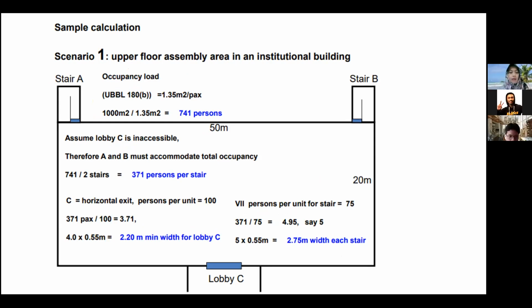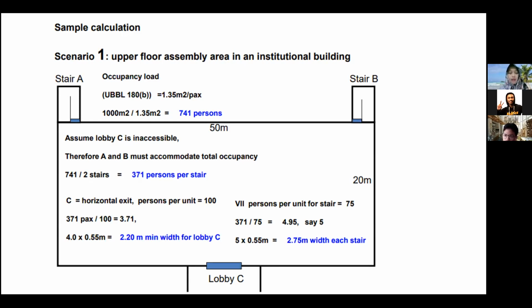So when we calculate, the area is length times width. The area of the institutional building is about 1,000 meter square. So you divide 1,000 meter square by 1.35 meter square, and that gives 741 persons, most probably, in the building.